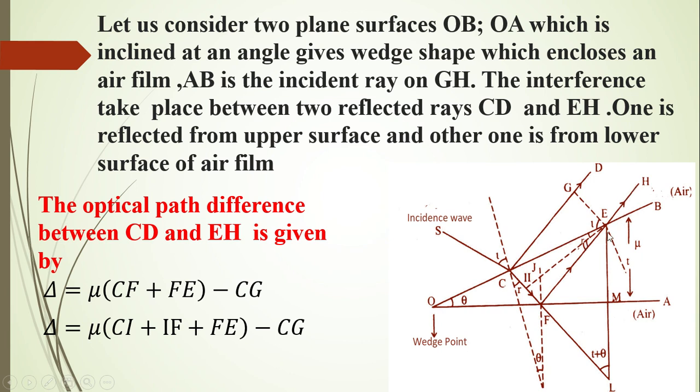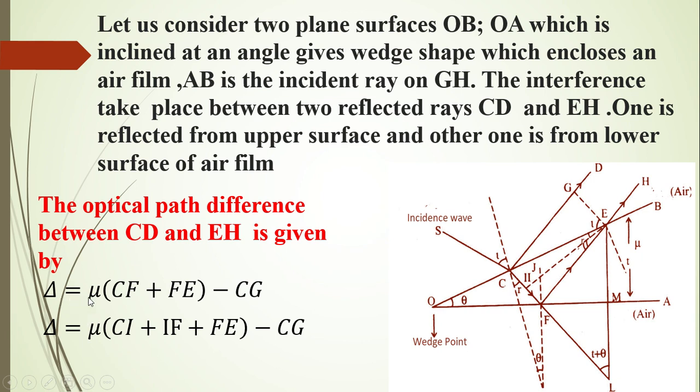The EH ray comes out from the film. So the actual path traveled by the EH ray in the film is CF and FE.